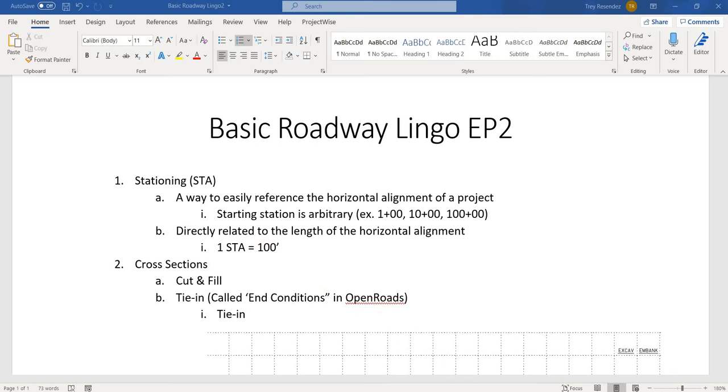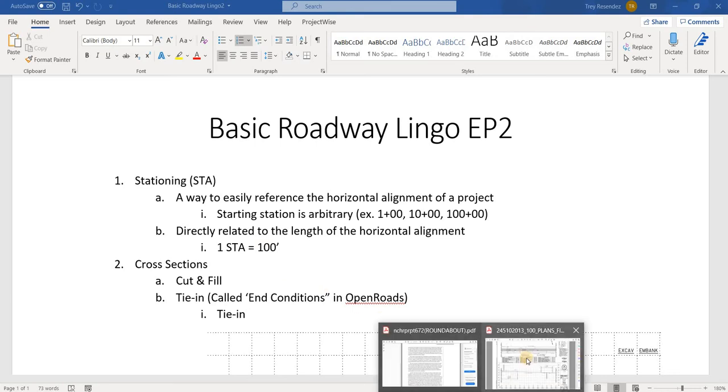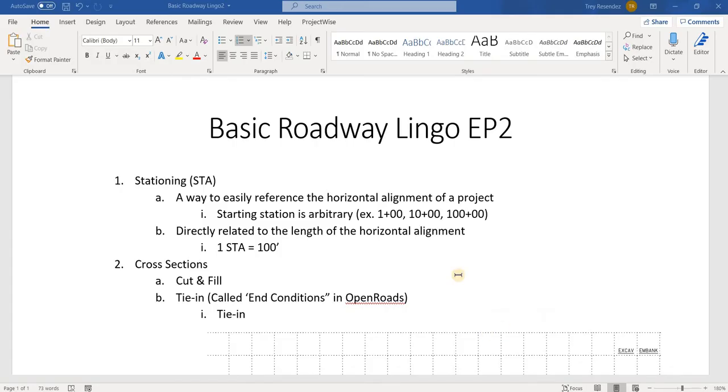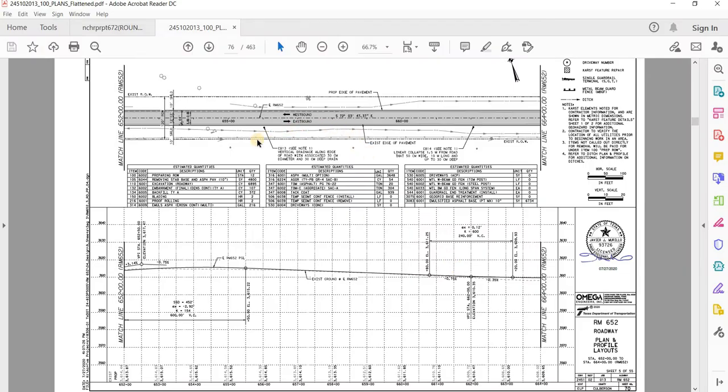So let's go to a plan and profile sheet so we can demonstrate this. Here I have station 655, and we can see that there's 655, then here is 660.